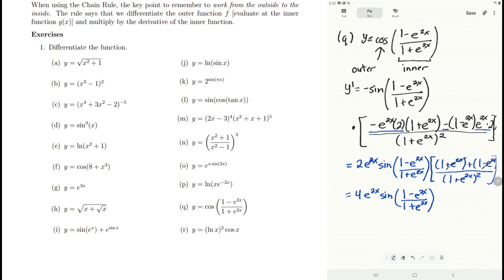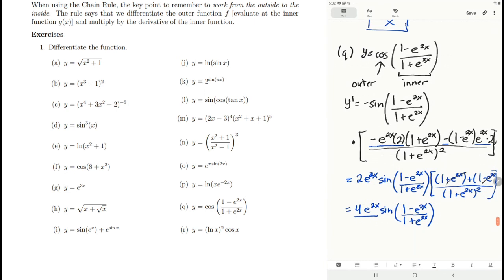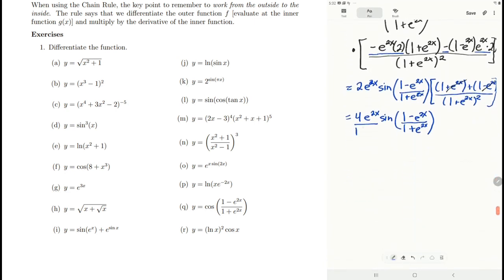And this is divided by 1 plus e to the 2x all squared.